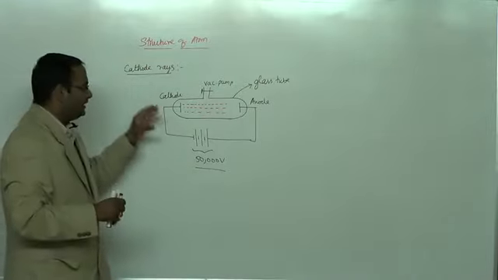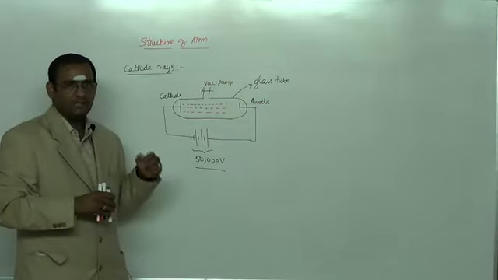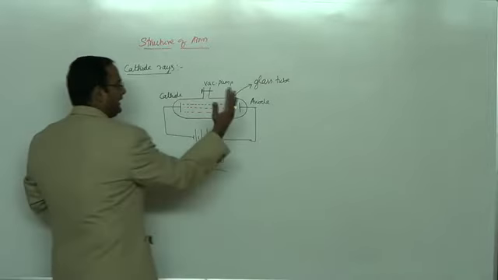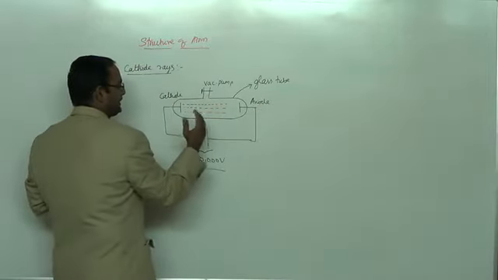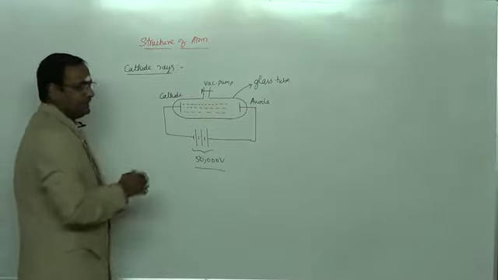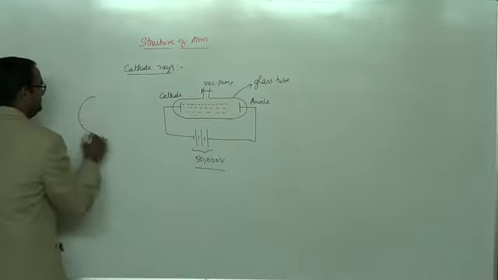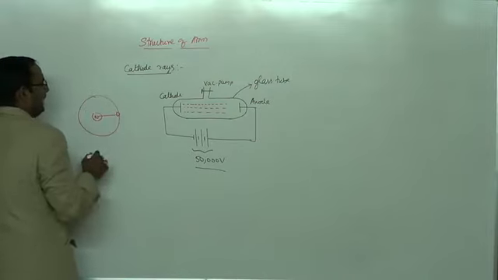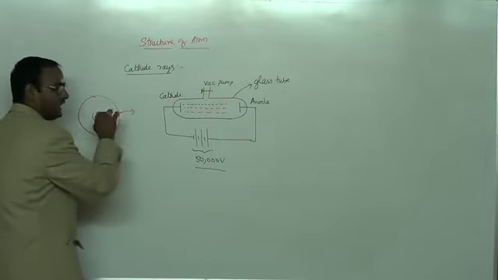So in this arrangement, if you have inside a very high pressure, the pressure of the gas will be an obstructing parameter. It will resist the liberation of electrons. Suppose I have an atom, this electron is having a force of attraction of the nucleus, and we have to overcome this force of attraction of the nucleus so that the electron is ejected out.